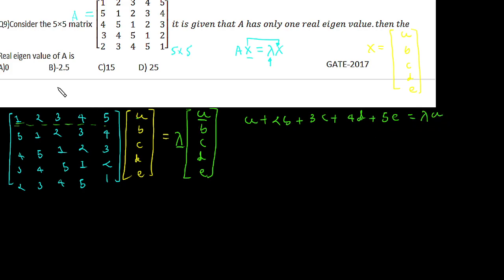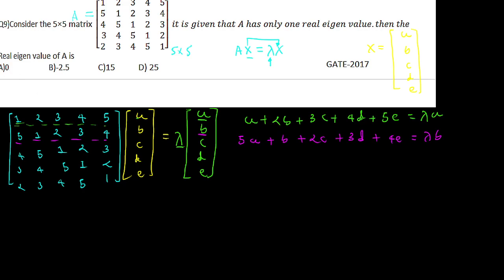Now we have to do the same procedure with the second row also. We multiply the second row with these 5 entries and equate it to the second element, which is lambda b. So we are getting 5a plus b plus 2c plus 3d plus 4e, equal to lambda times b.